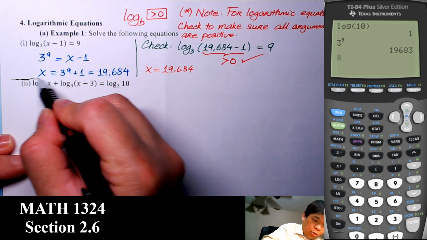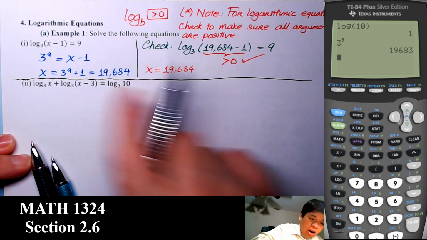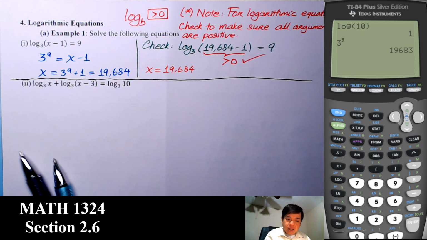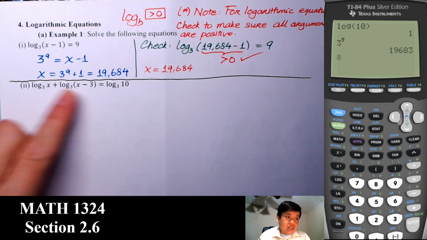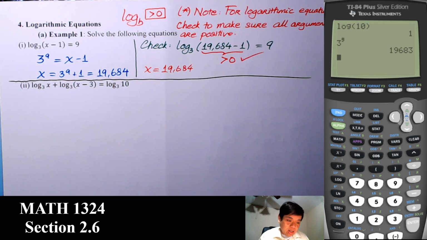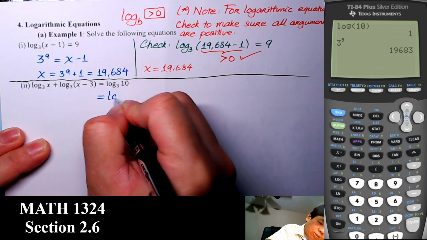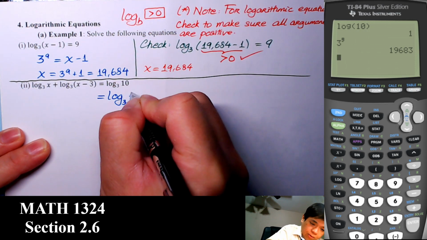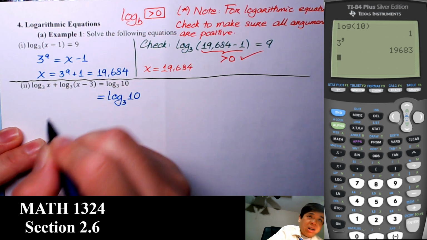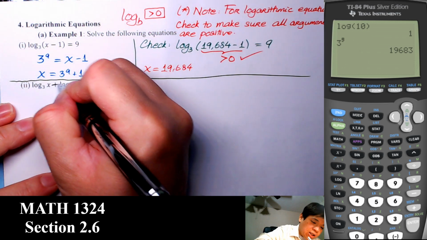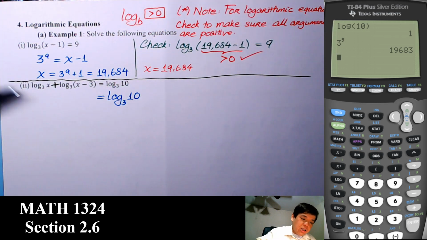Once again, if we have a log equal to a number, then we swap to exponential form. Now we have different things. All of them have logs. So in this case, we combine the logs here. Addition, remember to condense, addition turns into a product.